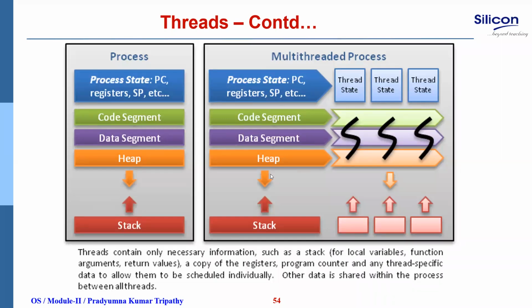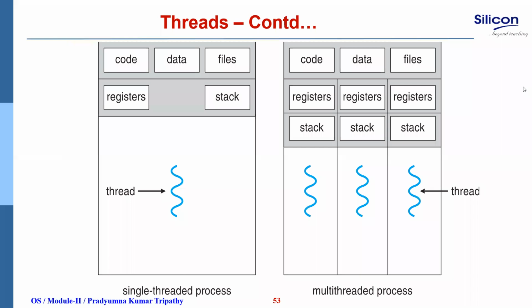The same process, when it has threads, now has multiple threads. Suppose I have 3 threads. What do I have to keep? I have to keep only the thread states. To keep these thread states, I have to keep only the registers, stack, and the program counter.